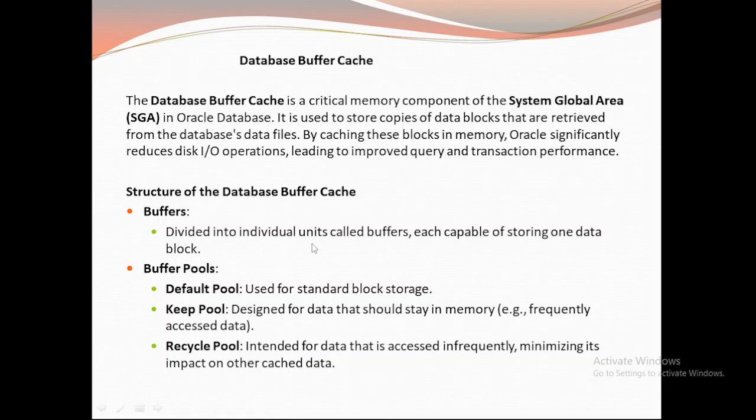Every data is saved in the database buffer cache, but the least used data gets moved out when new data comes in. The recycle pool is intended for data that is accessed infrequently, minimizing its impact on other cached data. So this is what the database buffer cache consists of.